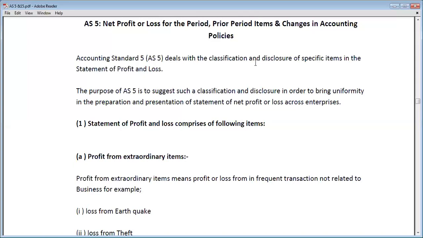Okay, so basically AS5 gives the classification and disclosure requirements for the expenditure and incomes in P&L account or balance sheet also, and classification of assets and liabilities in balance sheet also.